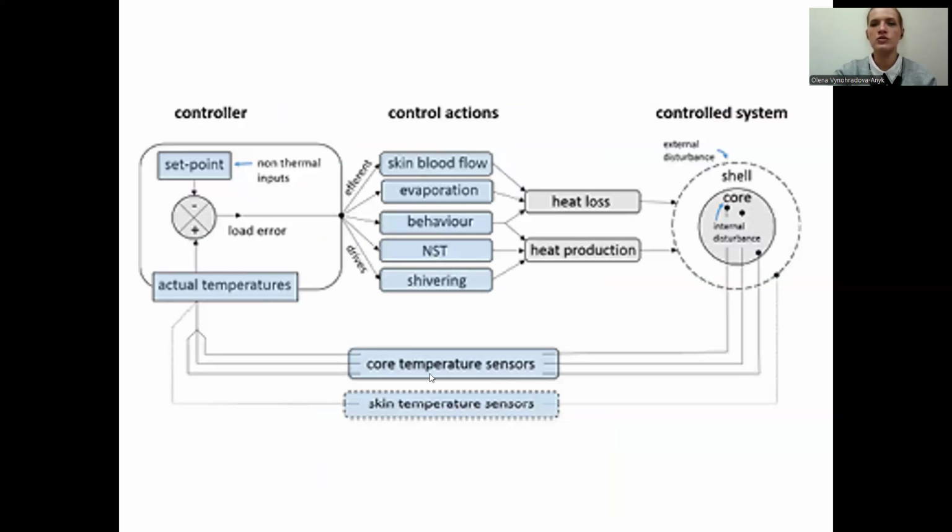I will tell you. When we are talking about temperature, we have in our hypothalamus a special center, named the set point. The set point is equal to 37.1. And this set point all the time controls what is going on with the temperature of our blood.